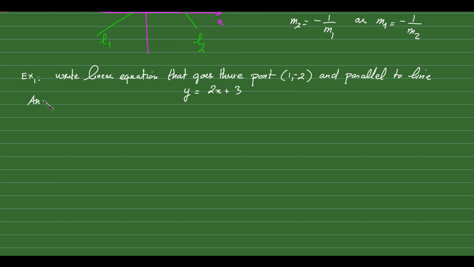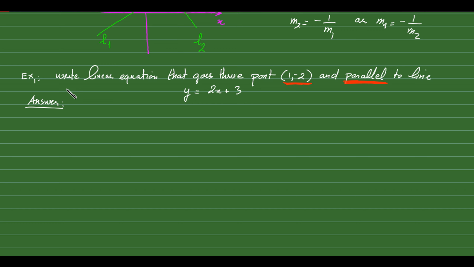All right, how are we going to do this? Okay, so they give you two pieces of information. The first is that it goes through the point (1, -2), and the second is parallel. These two pieces of information are very important. We're going to use that to write the linear equation.